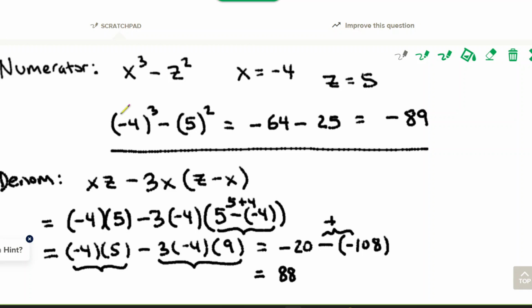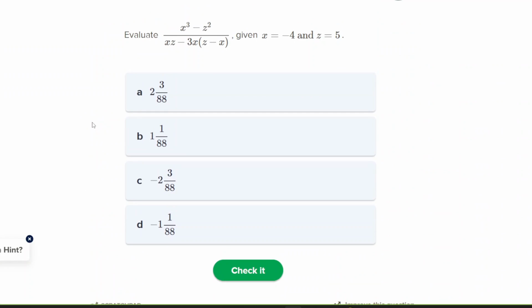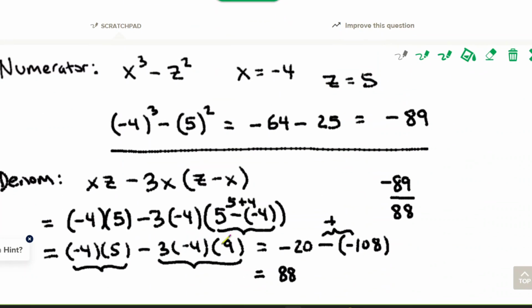All right, so the fraction, when all is said and done here, is -89 divided by 88, and that is good, right? 89 and 88 do not have any common factors. Now, based on the choices we're given, it looks like they're having us write the answer as a mixed number, right? Where you have the whole number and then the fraction part left over.